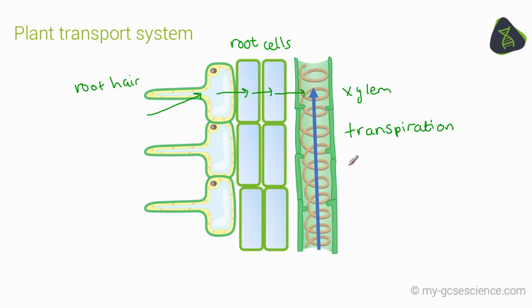So water is basically evaporating from the top of the plant, and because water molecules stick together, when one water molecule evaporates and turns into water vapour, it creates a void, and all the water molecules below it get kind of pulled upwards, and this whole process is called transpiration.